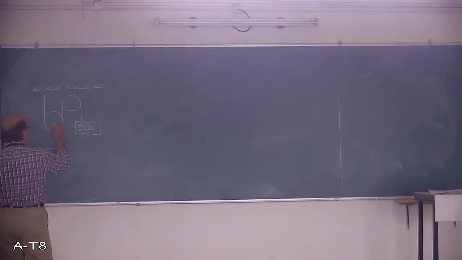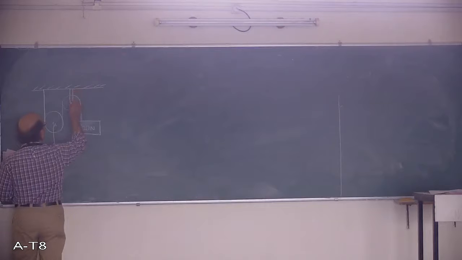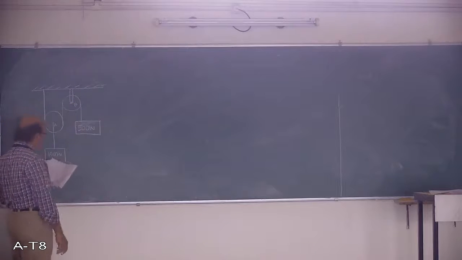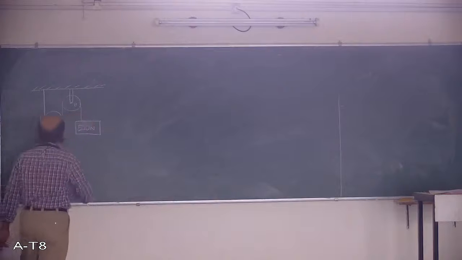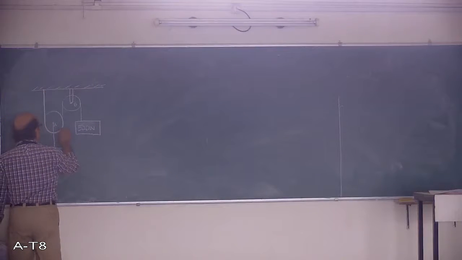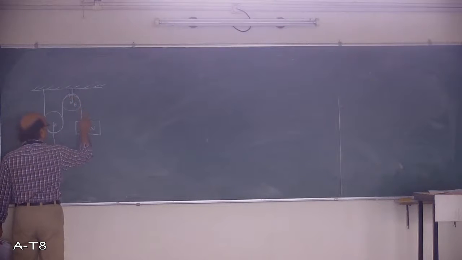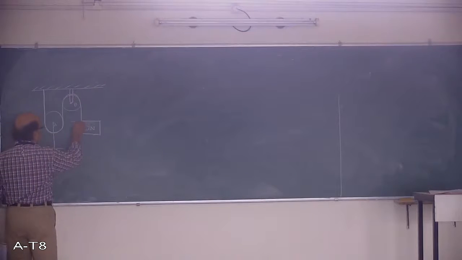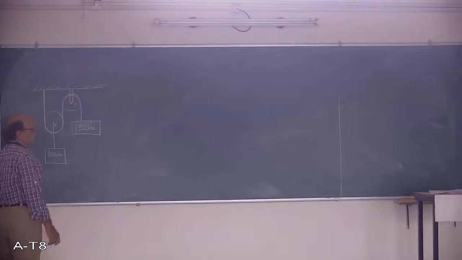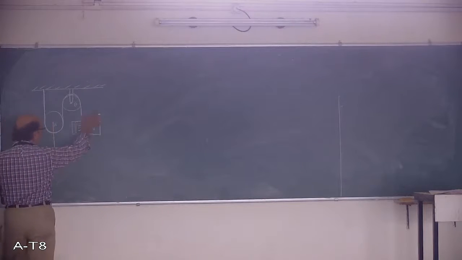This I call pulley A, and this pulley connected to the top floor I call B, and the string is continuous. This string is continuous, passes through that, passes through that, and is suspended here. Okay. This is the arrangement. If you leave this one, it starts moving downward.